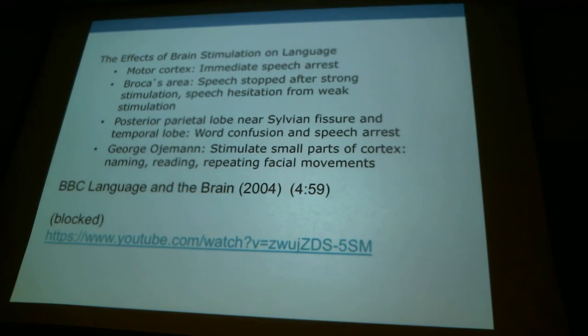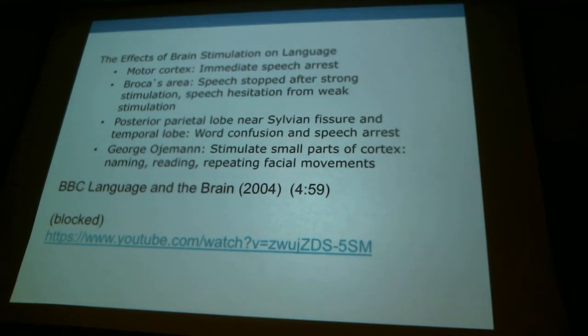Okay, so we're going to talk a little bit about brain stimulation. We talked about brain stimulation in terms of motor function, and obviously there's a big motor component to speech and writing. So it's no surprise that if you stimulate in the motor cortex, you can disrupt some aspects of speech.